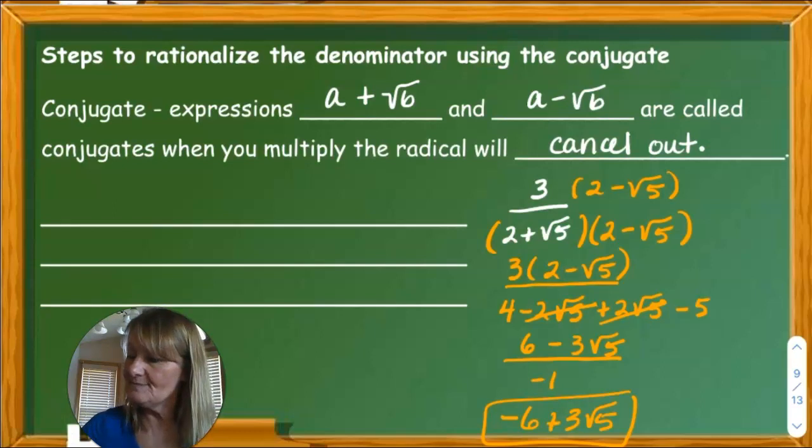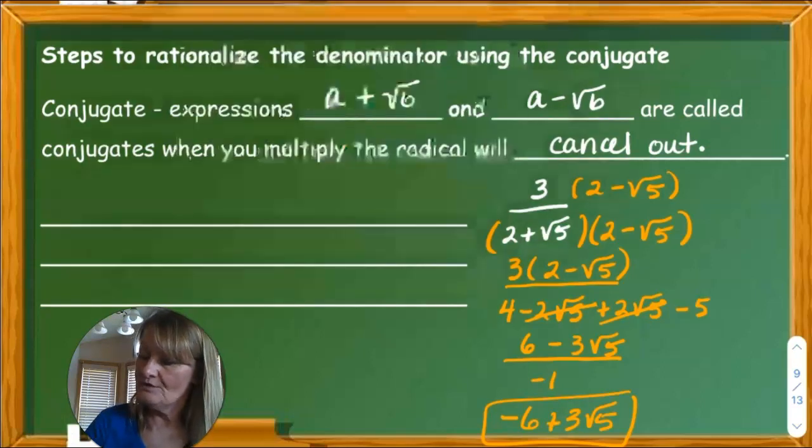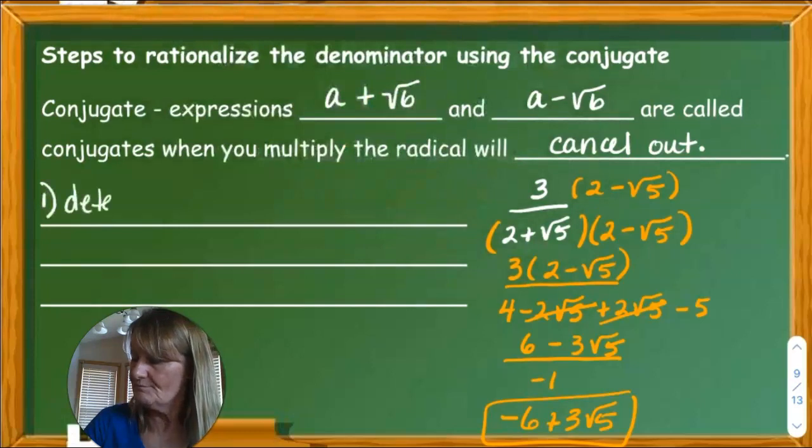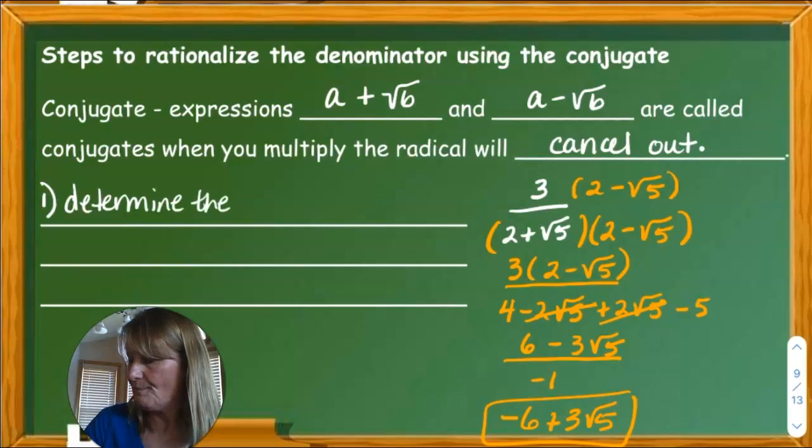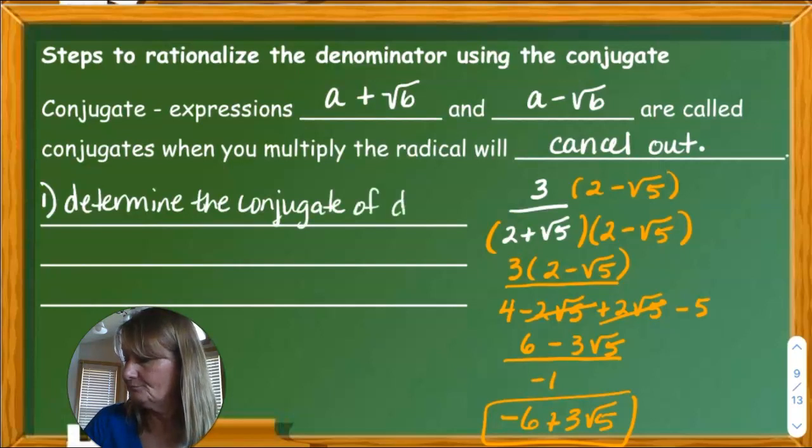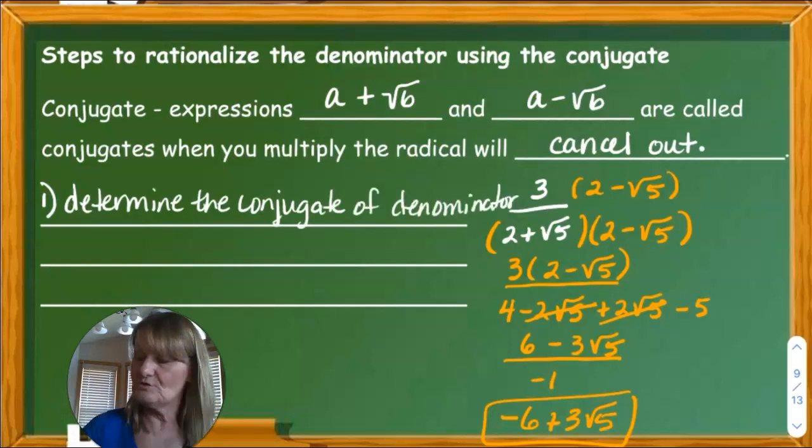Let's write some steps out. Number 1, first you need to find the conjugate of the denominator. Okay, that's going to be your first thing. Find the conjugate of your denominator.